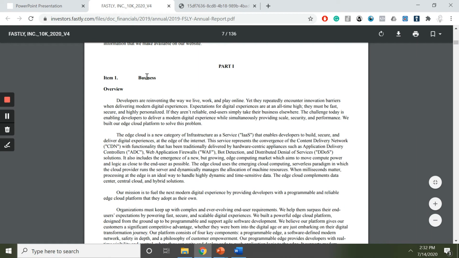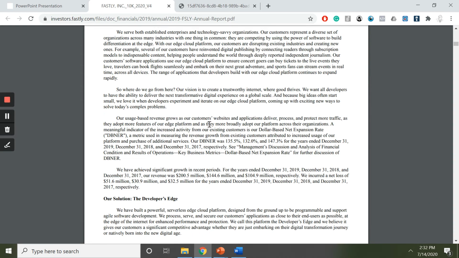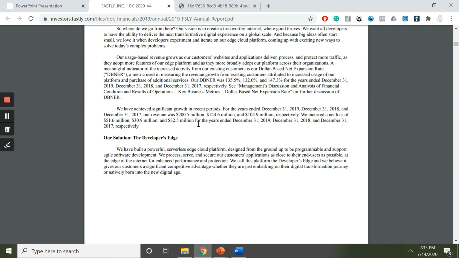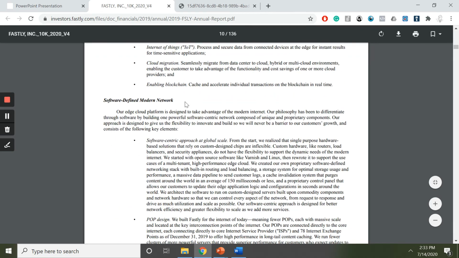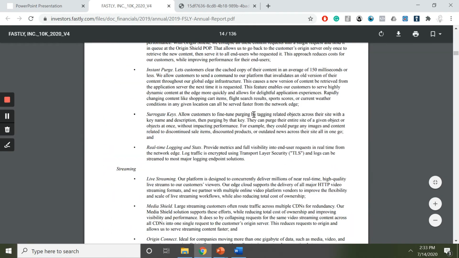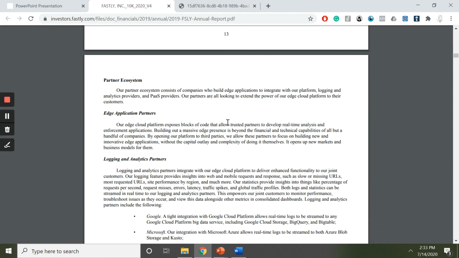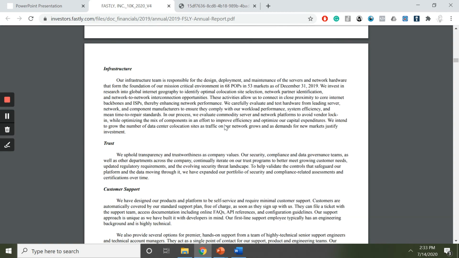Business is them just describing how the business works. I won't talk too much about this because it's specific to Fastly, and if you're interested in Fastly, I'd recommend going through this report yourself. They outline the business model and what they do. They will outline their competition in this section as well.